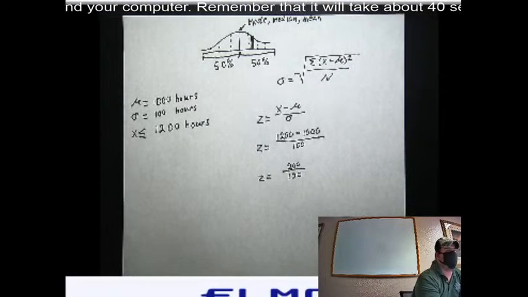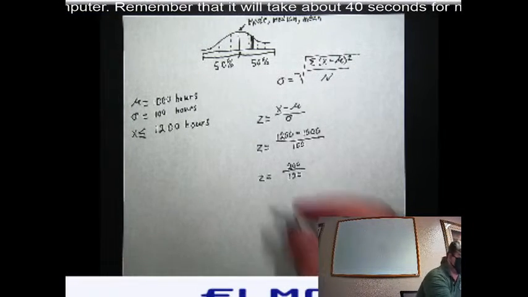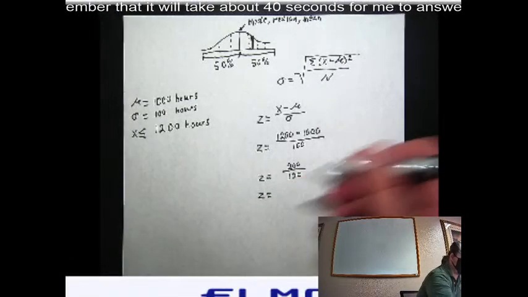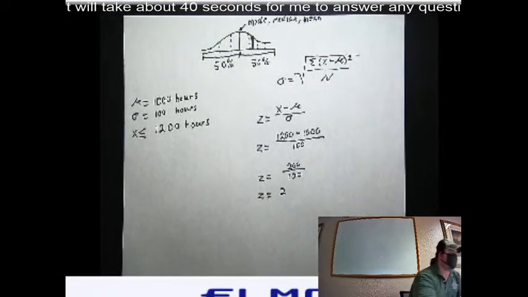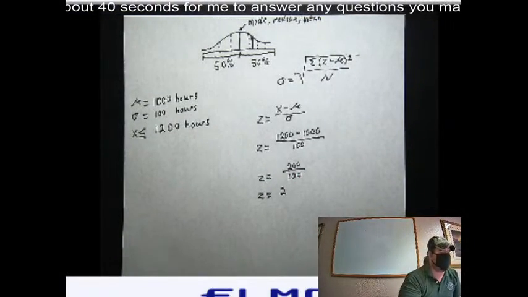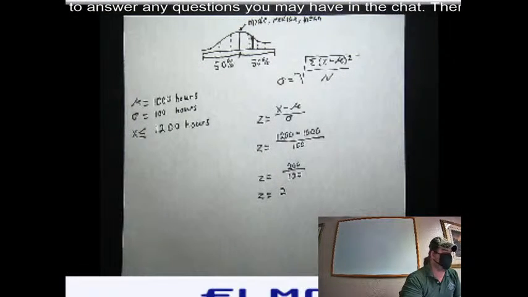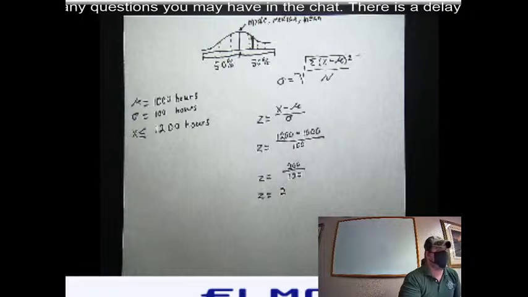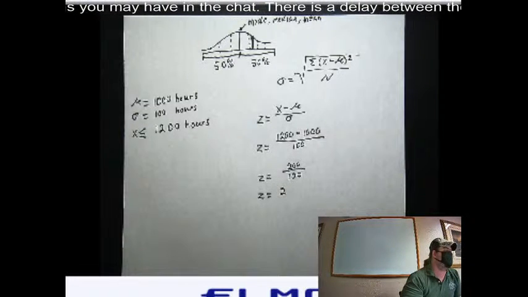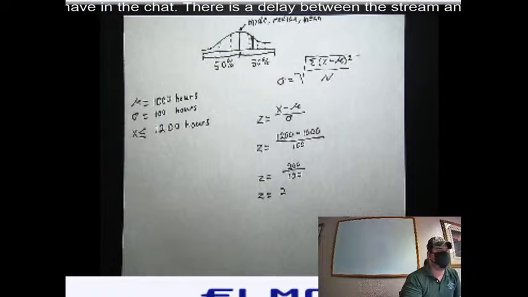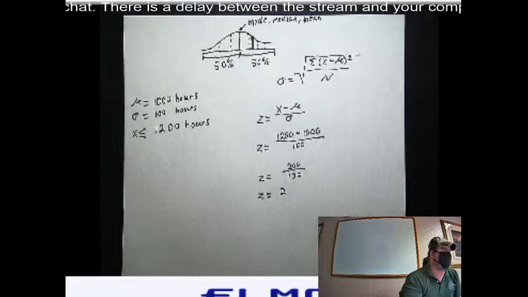So now we have 200 divided by 100, and that gives us z equals 2. Now we aren't quite to our probability yet. In fact, there's another calculation that you do after this, once you get your z-score, to get your probability.